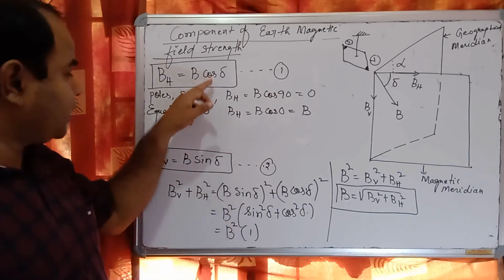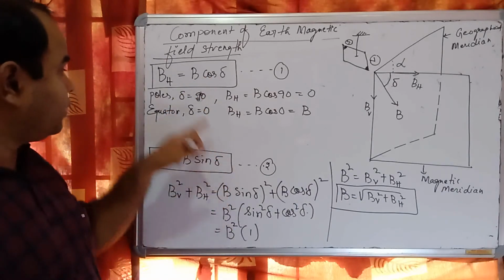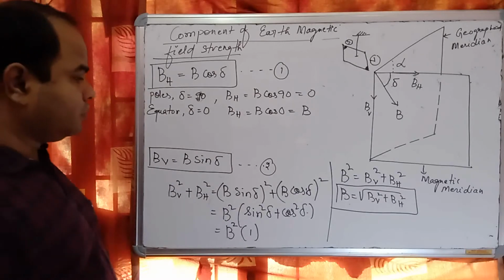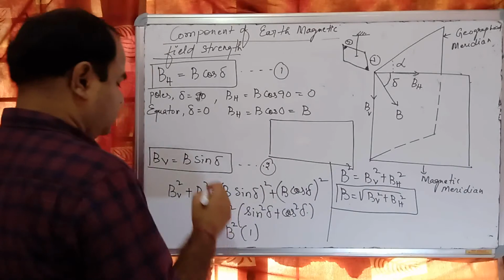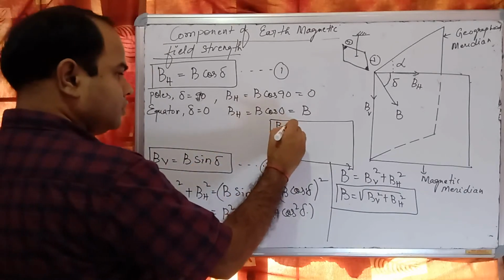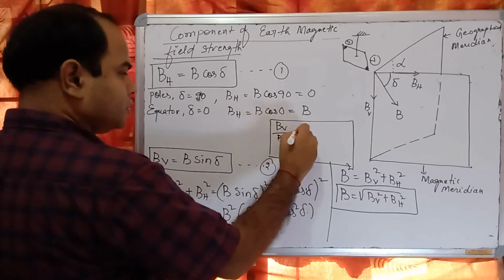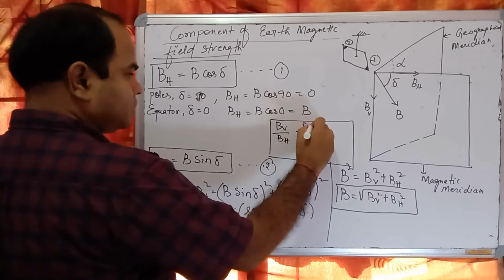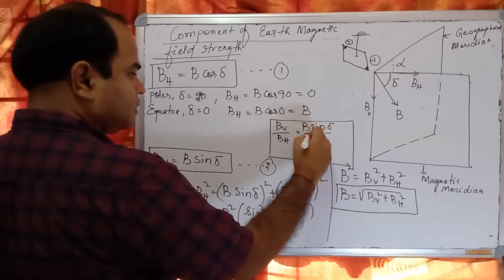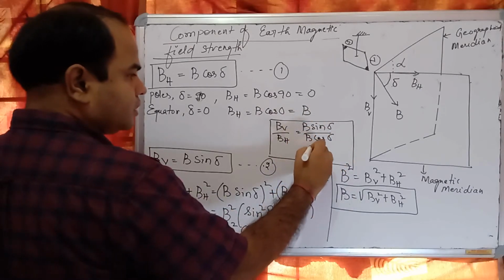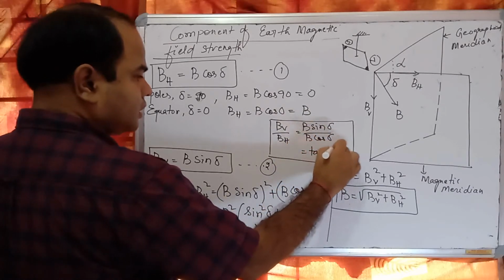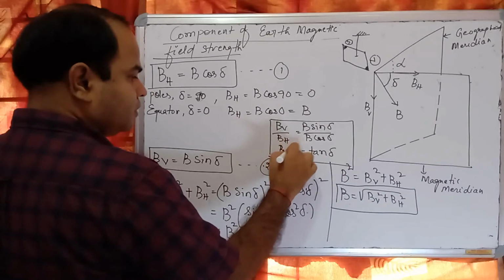Now when we divide equation 2 by 1, what do we get? BV by BH is equal to B sin delta by B cos delta. B cancels, so that is tan delta, or BV by BH.